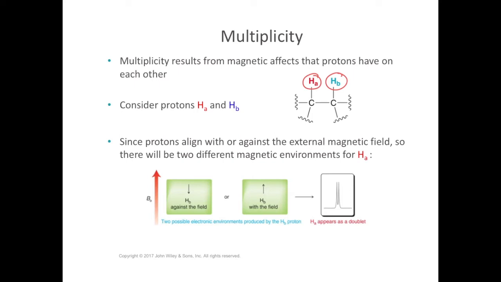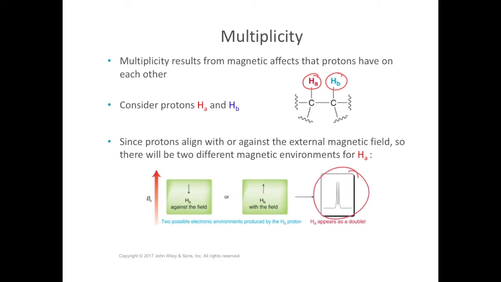Now, if we're looking from the point of view of HA, the red proton, it is going to be affected by the external magnetic field. So for HB, its neighboring proton, HB can be aligned with the field or against the field. This means that there will be 2 different magnetic environments for HA, and as a result, this appears as a doublet.